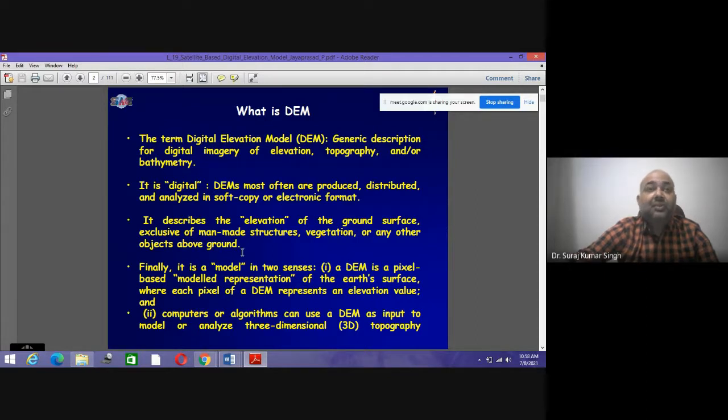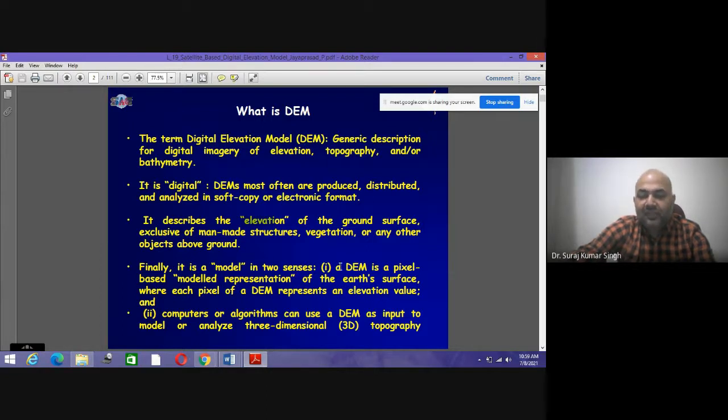So whenever you travel in a train and pass through any railway station, you will find a name, and there will be a height written, 600 meters above mean sea level, 800 meters above mean sea level. So what are those? Those are the height. Height means elevation.